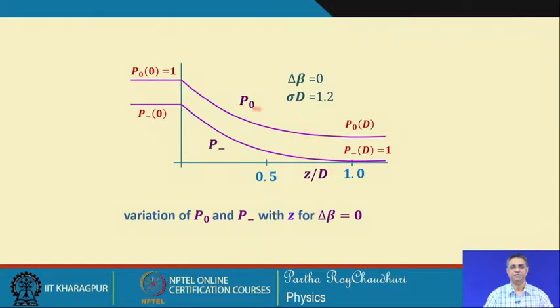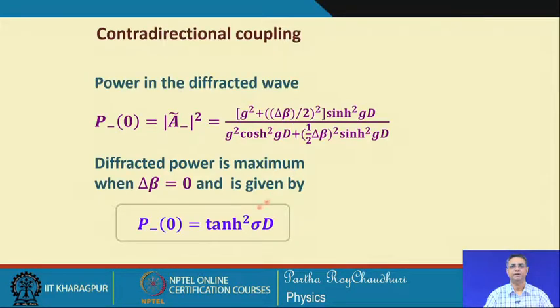But more interestingly, this power variation in the contra-directional coupling and this equation are even more popular and familiar for fiber Bragg grating analysis, and there also it happens in the same way.